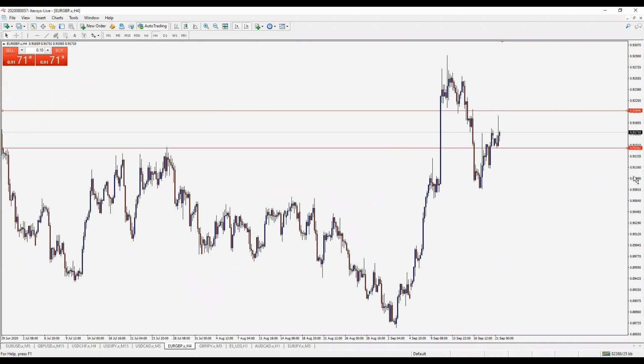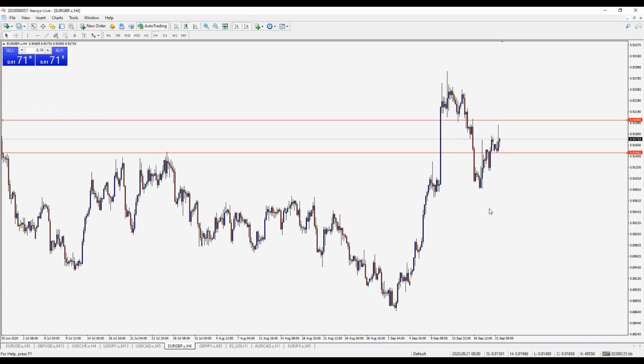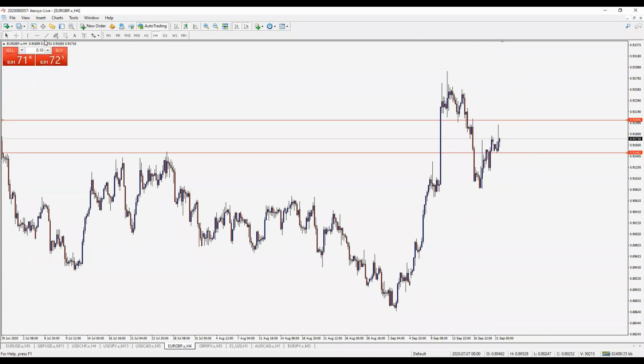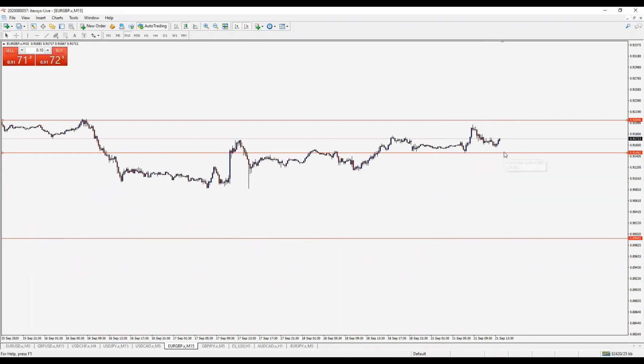And okay, if that happens, I will take it again to this demand, which is already tested once, so it will be support. That will be the first target for this sell position, and this demand here will be the final target for this.